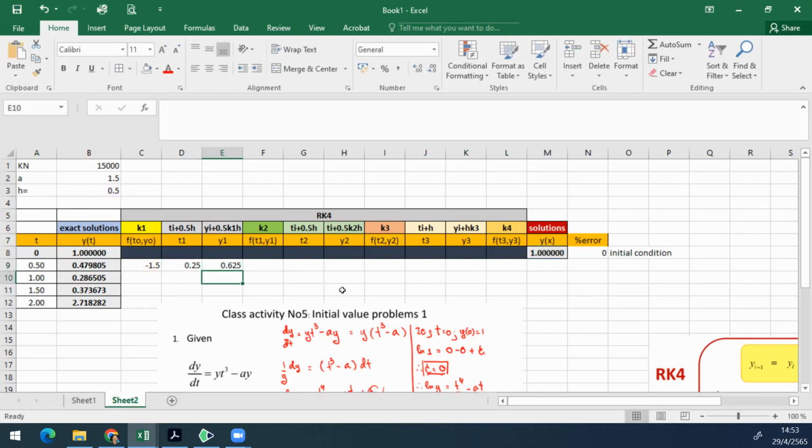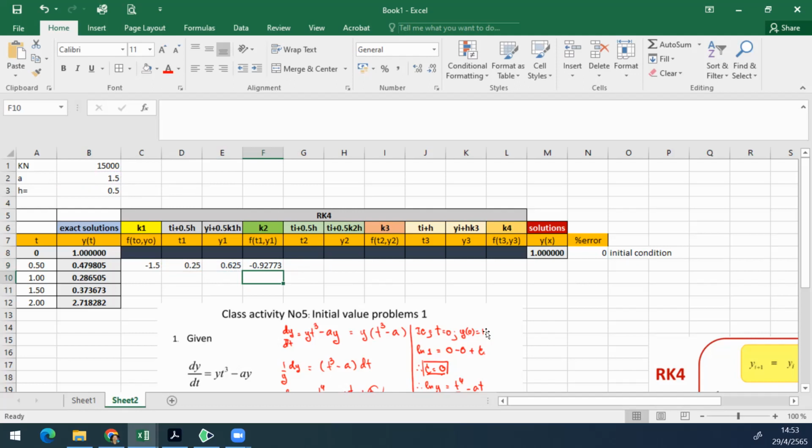And then K2 is equal to the function of these two values. So the function is y times t power 3 minus a. Then finish.